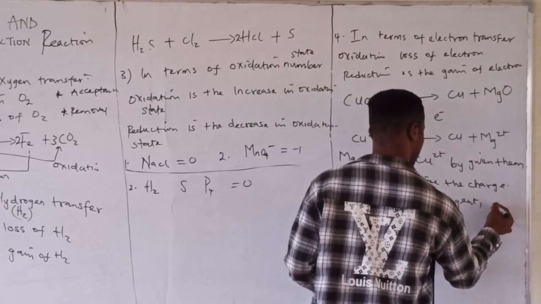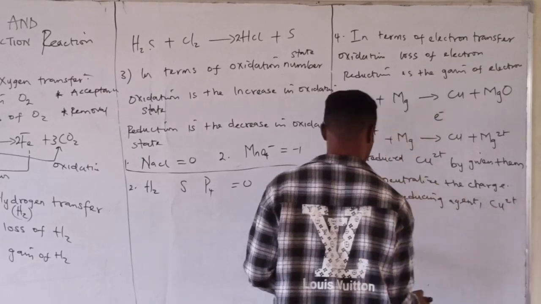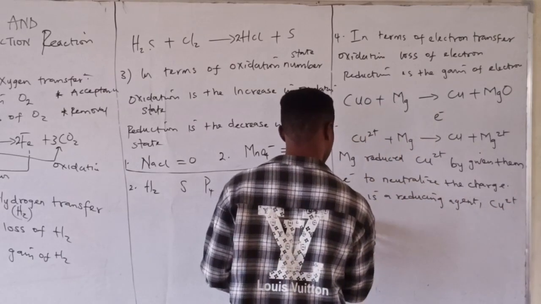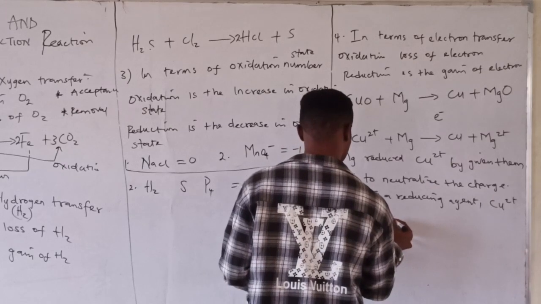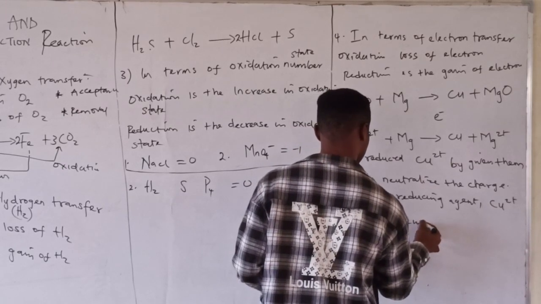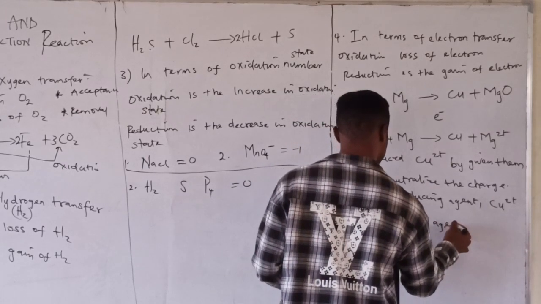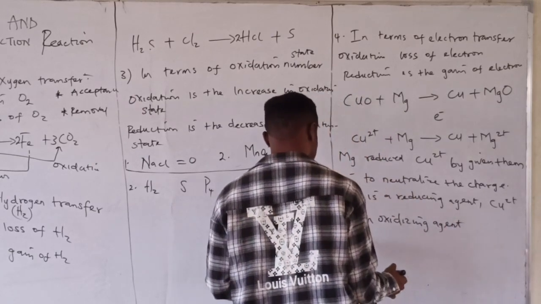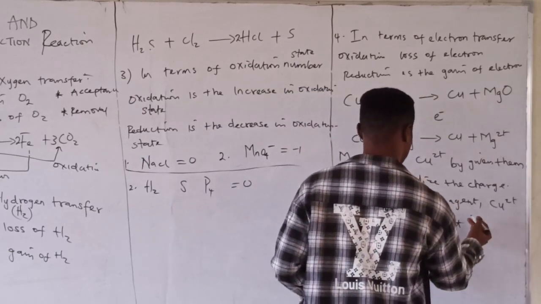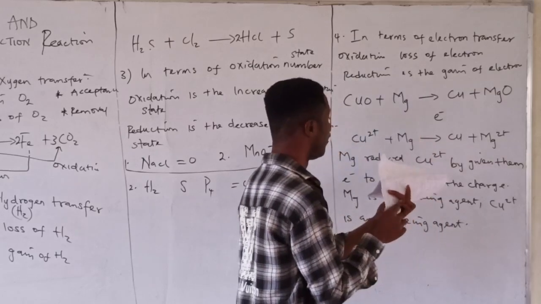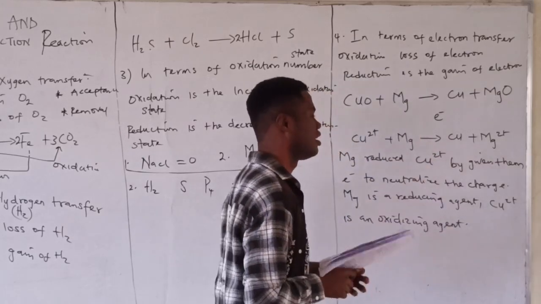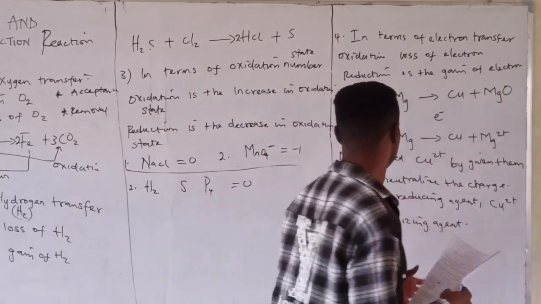Alright? And copper 2 ion, on the other hand, is an oxidizing agent, because it oxidizes magnesium in this reaction.